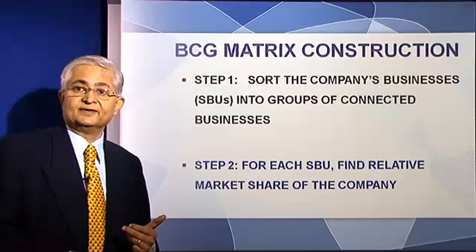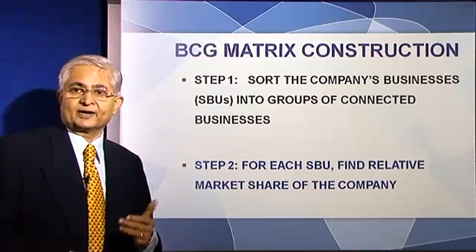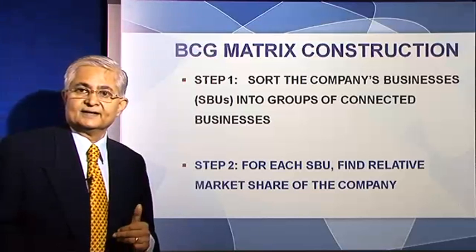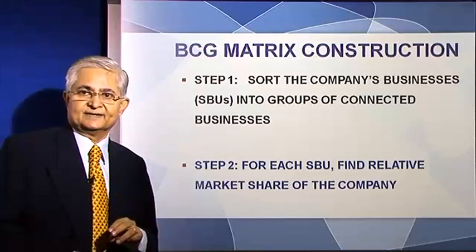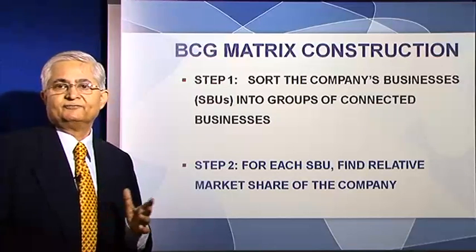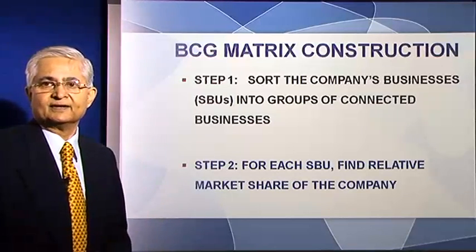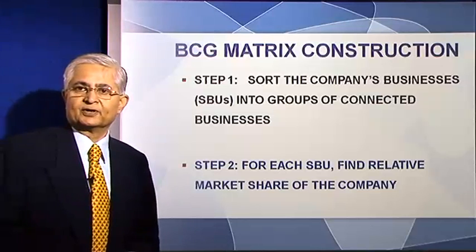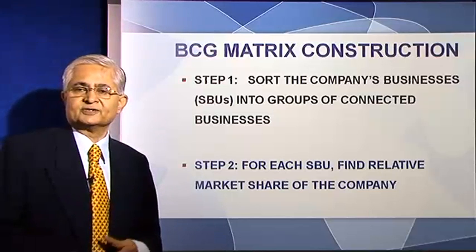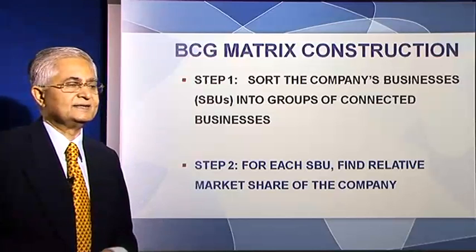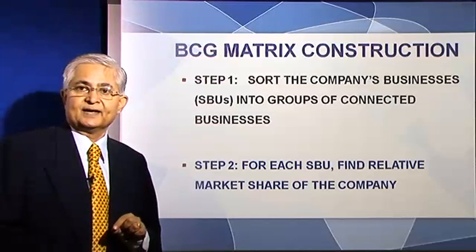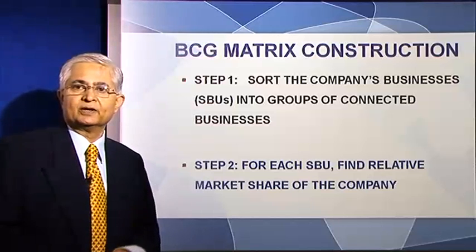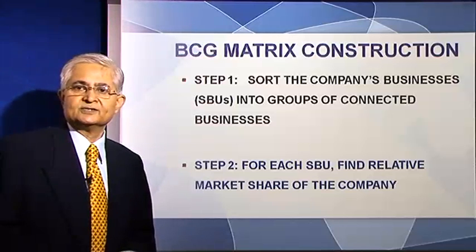In the case of the consumer products, the company has entered into these products much later, and therefore if you compare it with Hindustan Lever, or Procter and Gamble, or Nestle, you find that ITC has a much lower market share in consumer products.